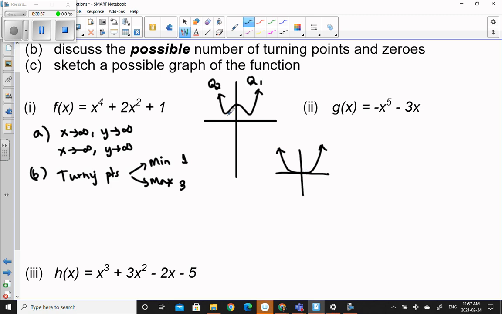So that's the minimum and that's the maximum. And then for the zeros, you could have a minimum of 0, no zeros, and a maximum of 4. Because you have a degree 4, you could have 4 zeros. But if it never touches the x-axis like this, you could have no zeros. So you could have none also.